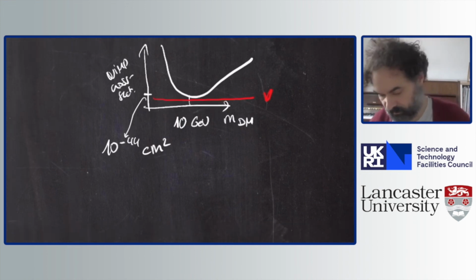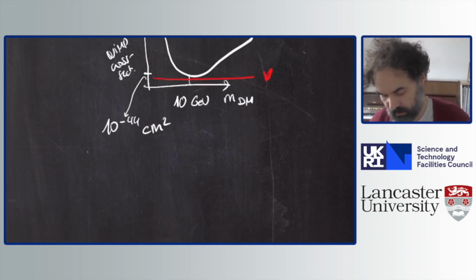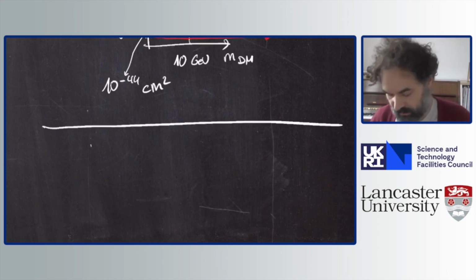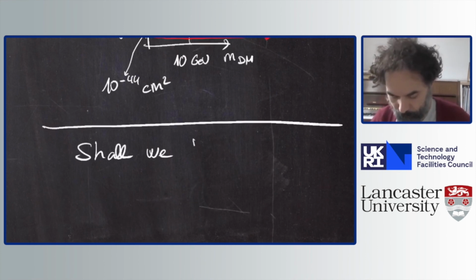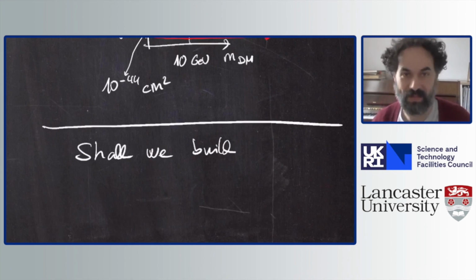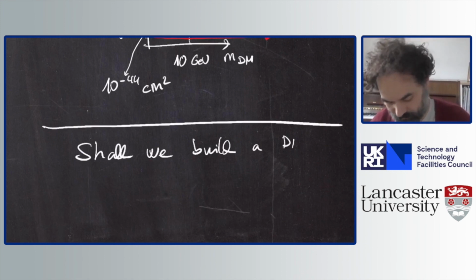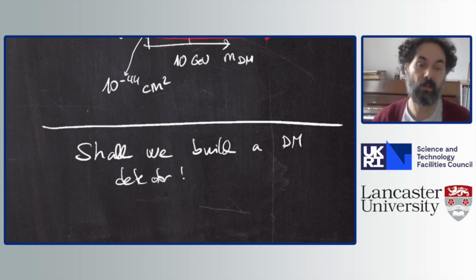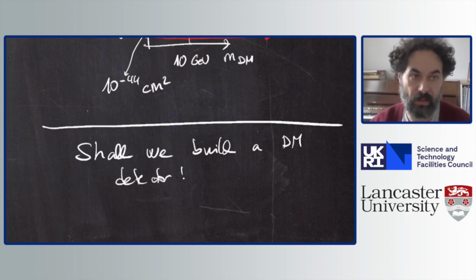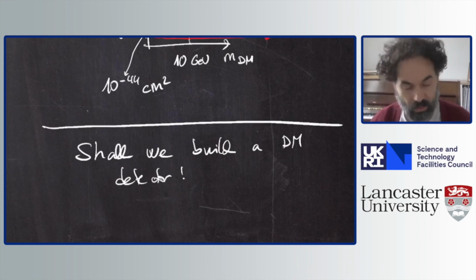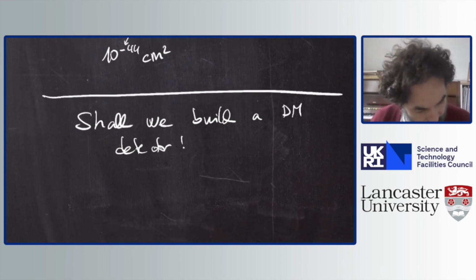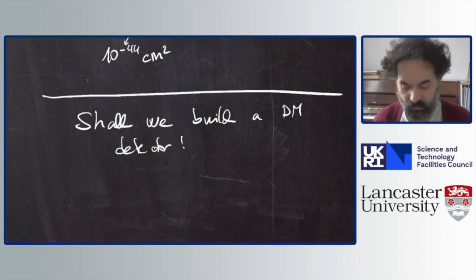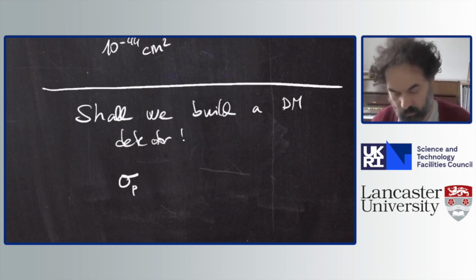So finally, before moving to the next topic, the question is: shall we build a dark matter detector? Well, I guess the answer is yes, because many of you are doing it. The answer depends on what cross section you're looking for, and whether you can detect it given a standard or a bit futuristic configuration. For this, you can consider an interaction of the ones we wrote before, that generates a cross section with protons.